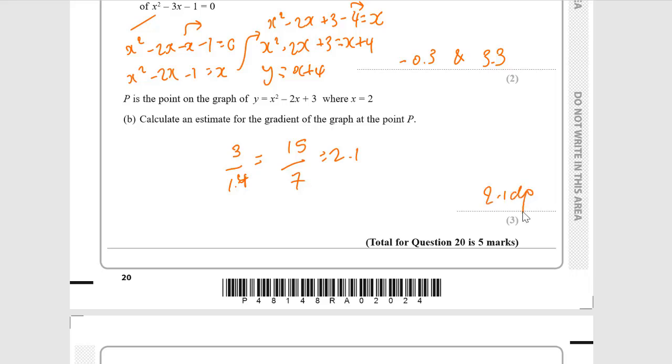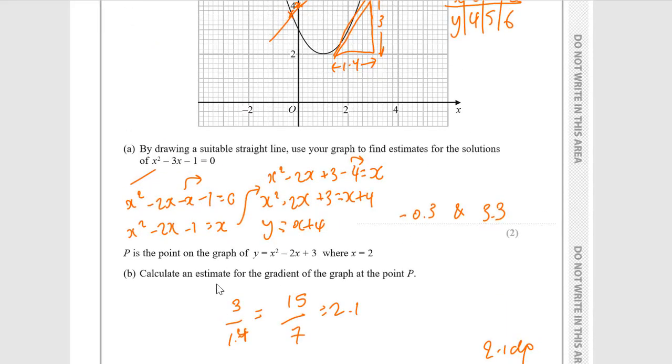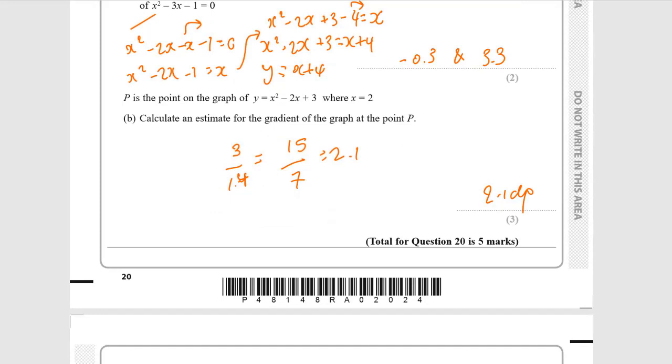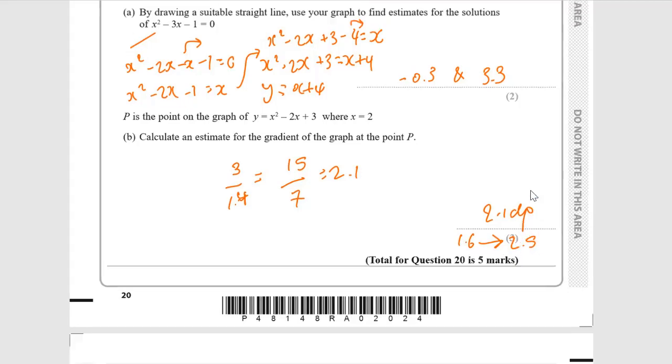Now, obviously, because you're estimating, this can be slightly different in value. So you can have anything from 1.6 to 2.5 as a sensible, reasonable answer.